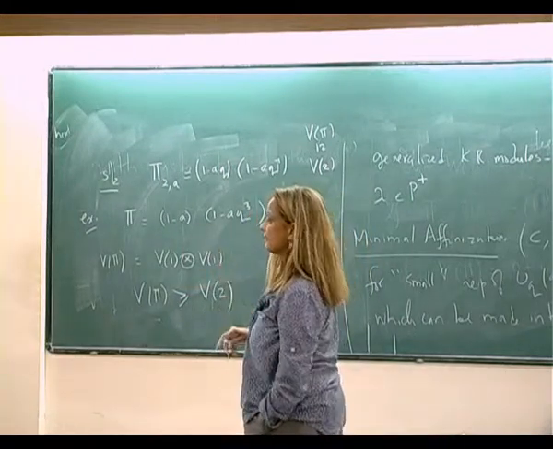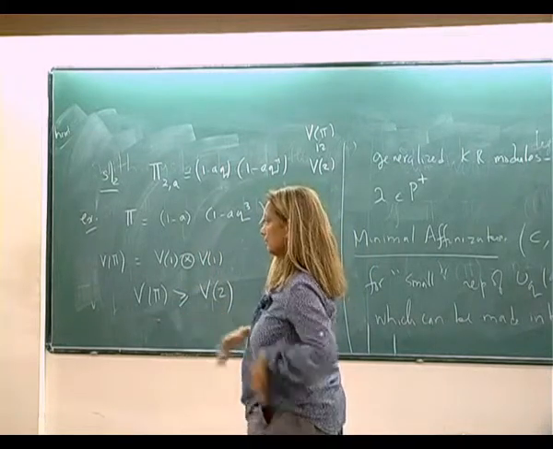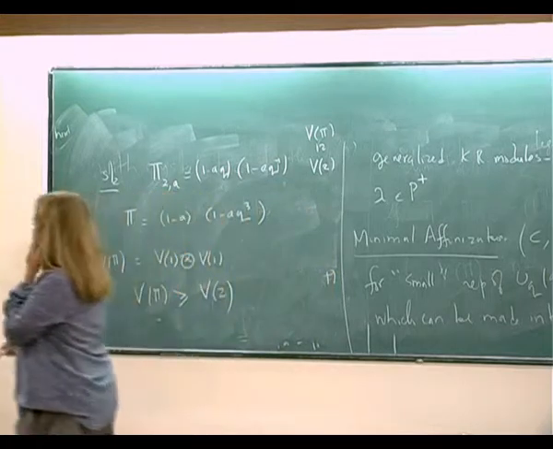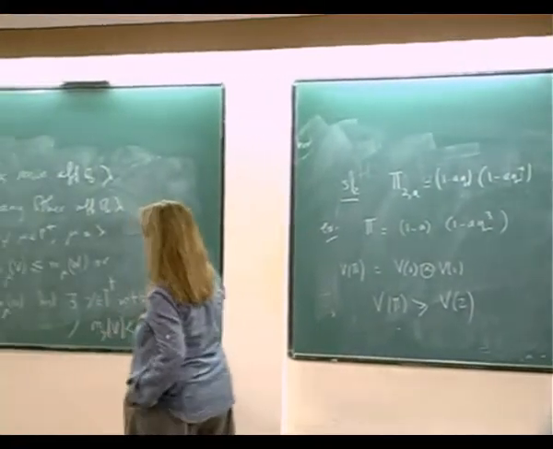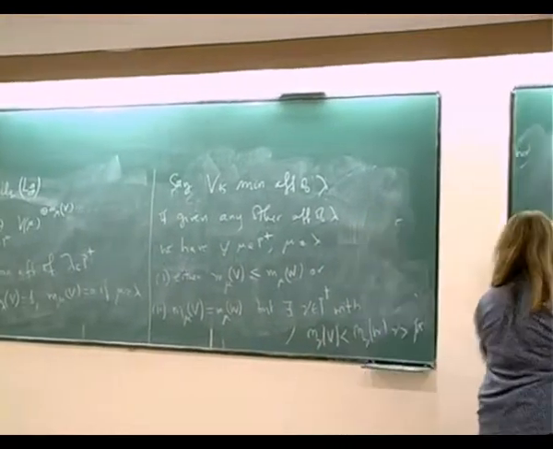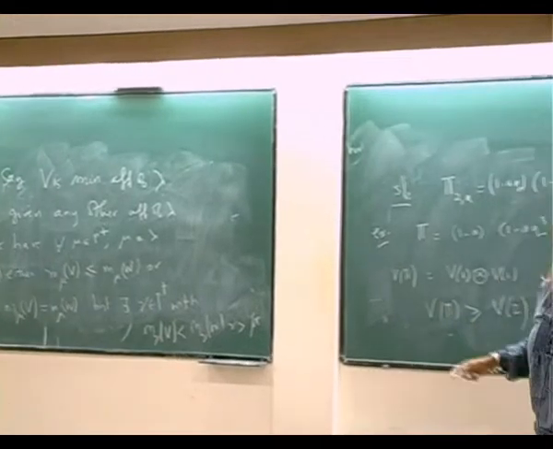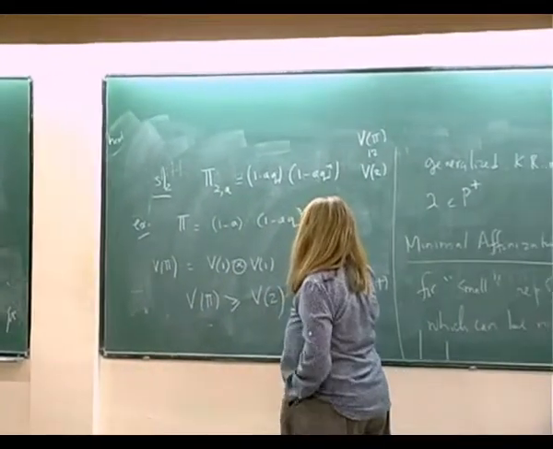So in fact, in the case of SL2, one can write down exactly what all the classes are. This partial order can be written down. I'm not saying that this is a minimum. I'm trying to check that V_2 is less than or equal to V_pi. I'm trying to analyze this condition. So over here, what do I have?